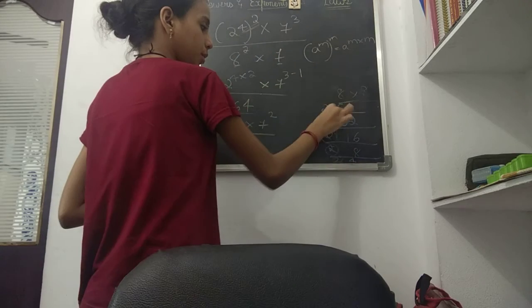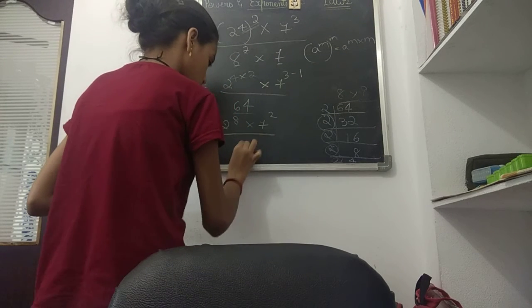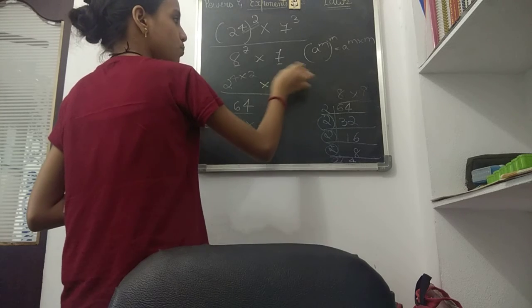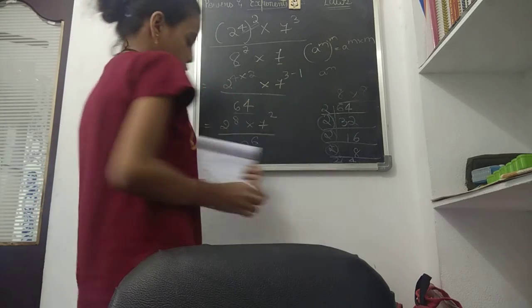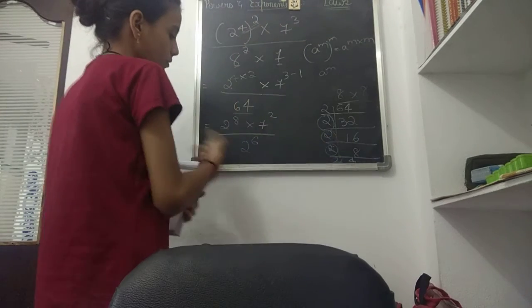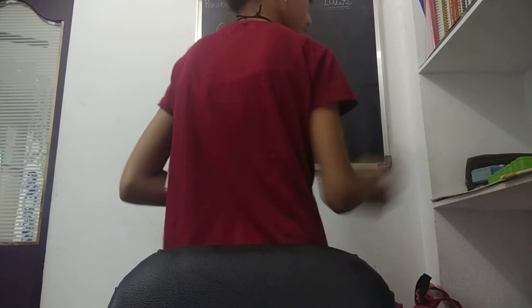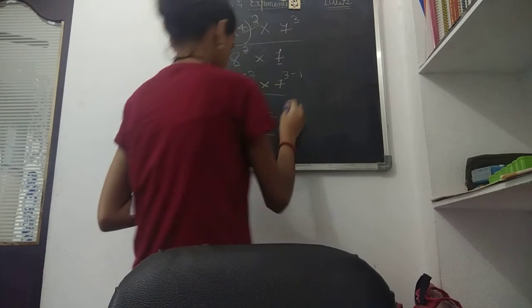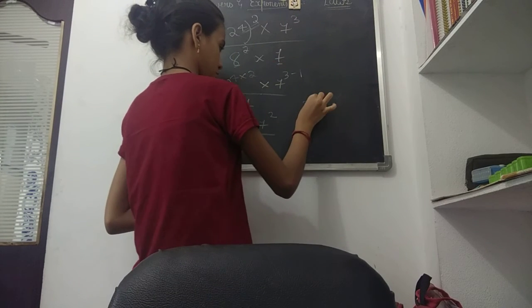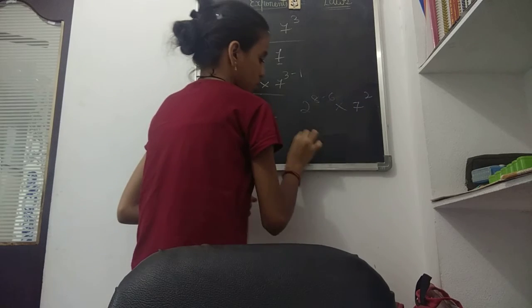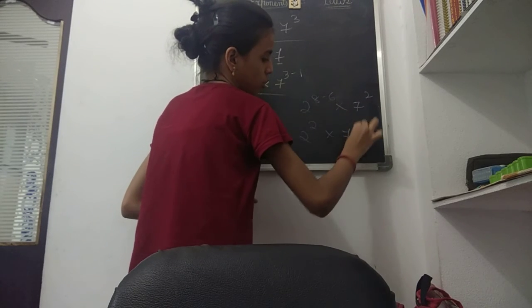So we can write it as 1, 2, 3, 4, 5, 6: 2 to the power of 6. Now using this green property only, we can subtract this from here. I will show you. 2^(8 minus 6) into 7^2. So 2^2 and 7^2.